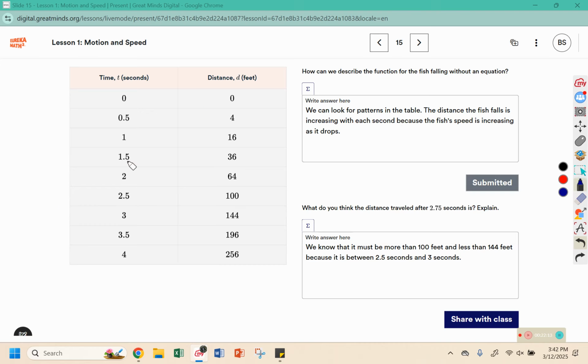Basically, we're looking for patterns because we have been working with linear equations. However, this one doesn't follow a linear pattern. And so we need a different way to describe the function based on patterns from the table.